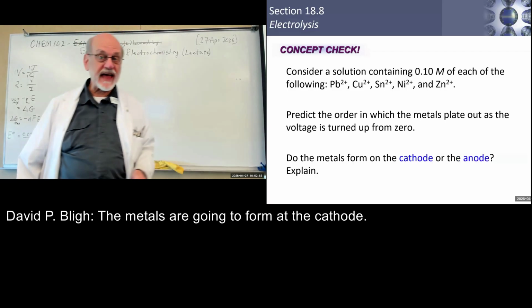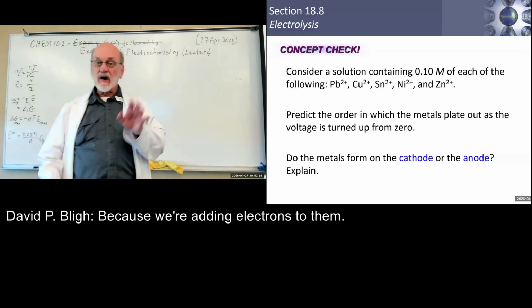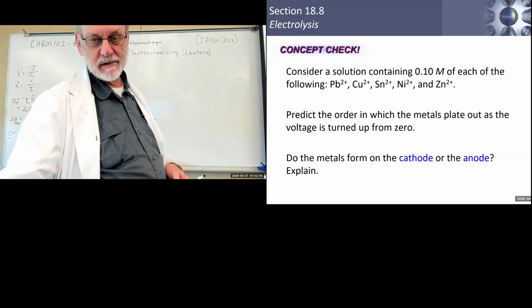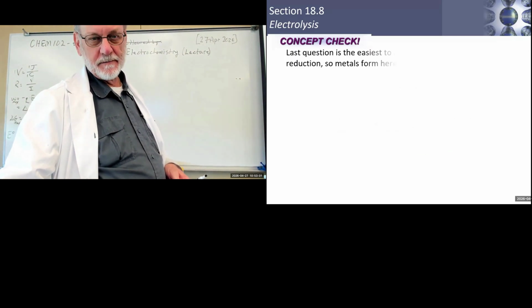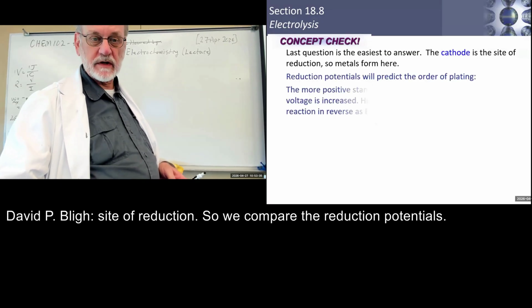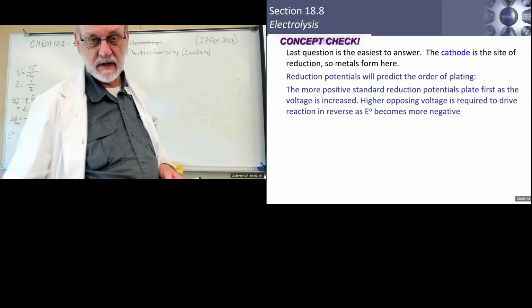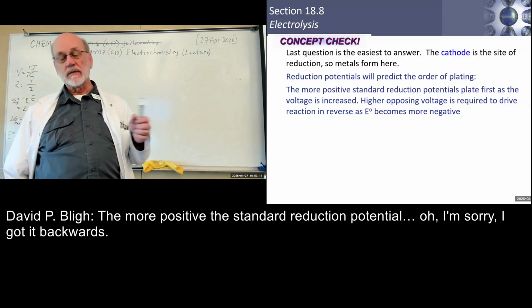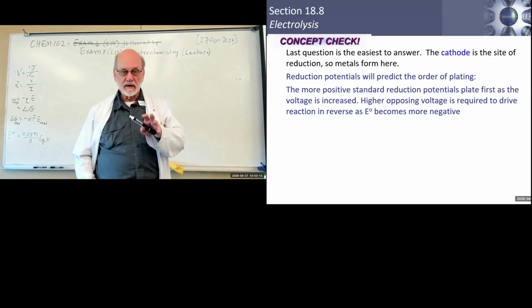The metals are going to form at the cathode because we're adding electrons to them. Site of reduction. So we compare the reduction potentials. The more positive the standard reduction potential, oh, I'm sorry, I got it backwards.